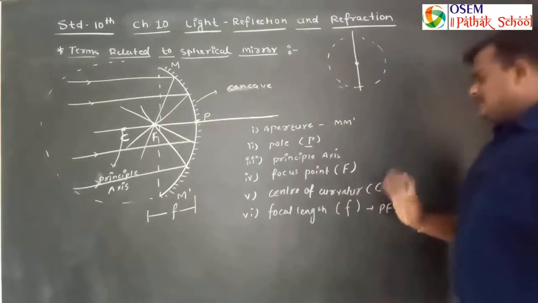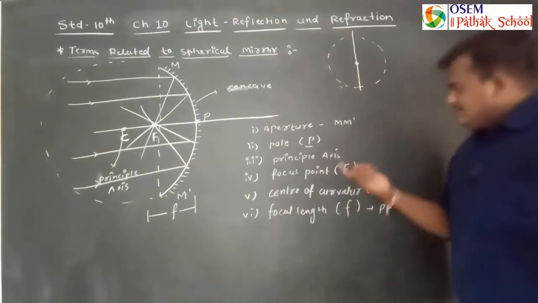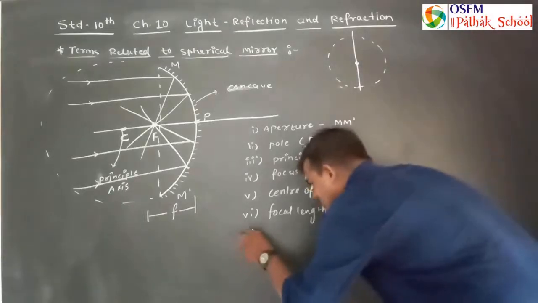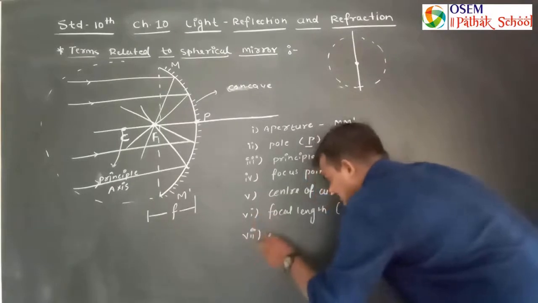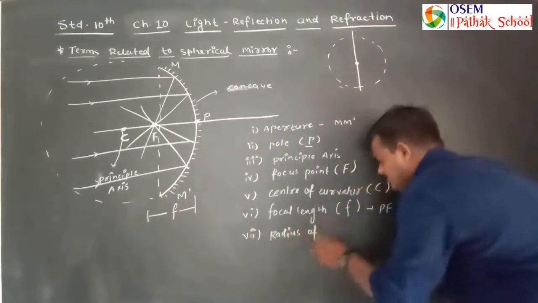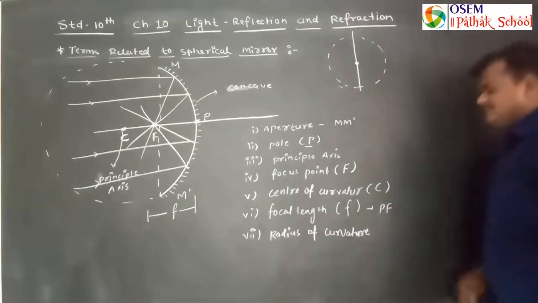Center of curvature completed, focal length completed, focus point completed, principal axis completed, pole, aperture, and the seventh definition is radius of curvature. What is the radius of curvature? That we will learn here.